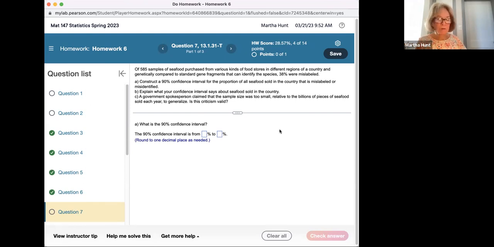How do we convert the 38% mislabeled to a number that are mislabeled? Get some scrap paper and work it out.